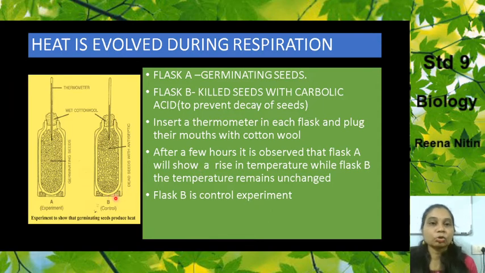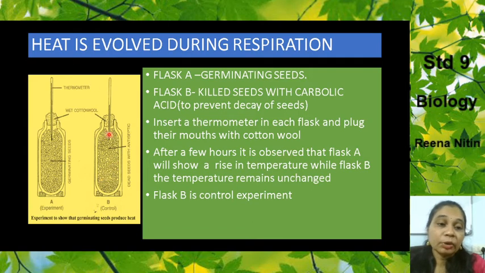Now that also could be the question. Why is it called a control experiment? It is known as a control experiment because what is your aim? Your aim was to prove that heat is evolved. Now, always in the control experiment, remember students, the parameter that we are going to prove will be absent. In this experiment, what were we trying to prove?